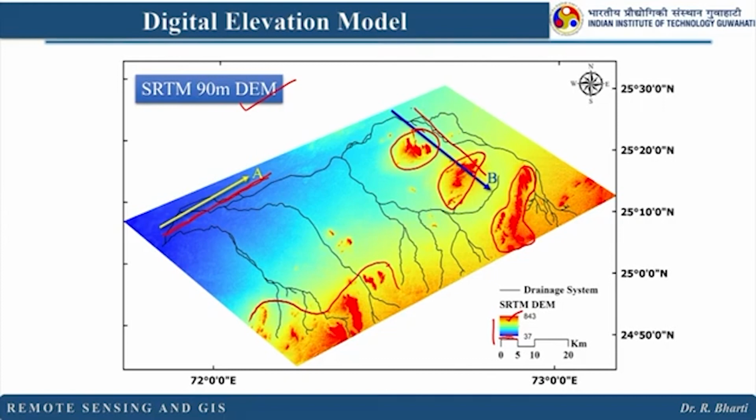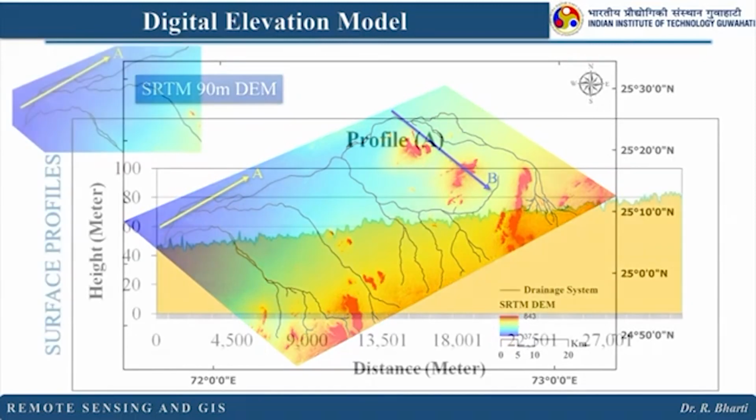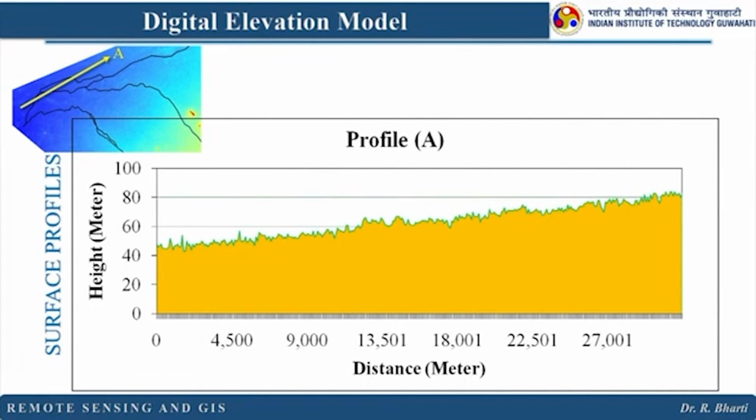But when we take this particular section, you can see it is crossing this particular hill. That information we should get from the profile. So let us see one by one how they appear. Along this A line, this is the profile. This is the distance in meters and this is height in meters.